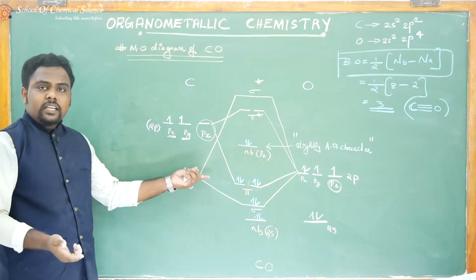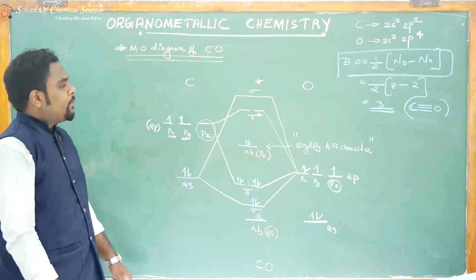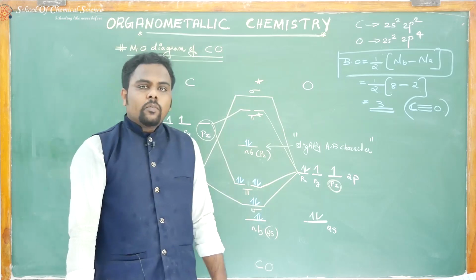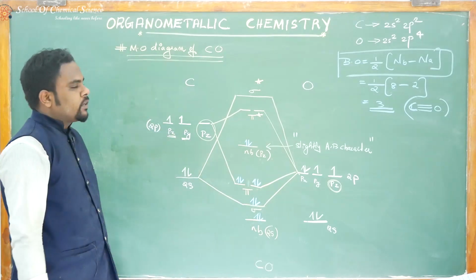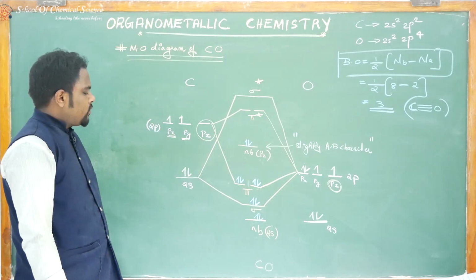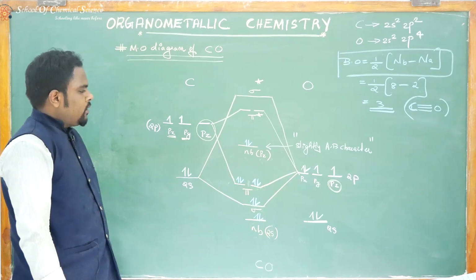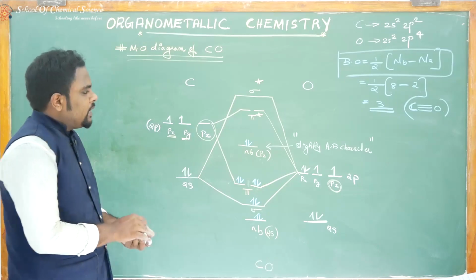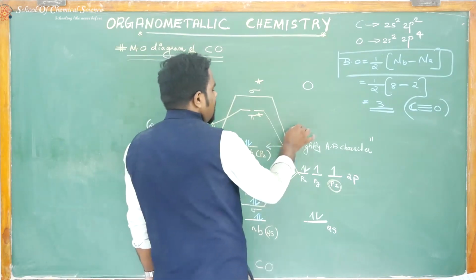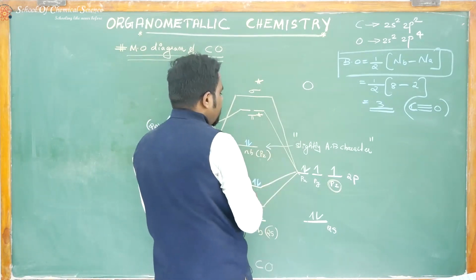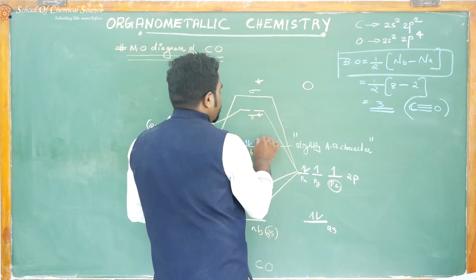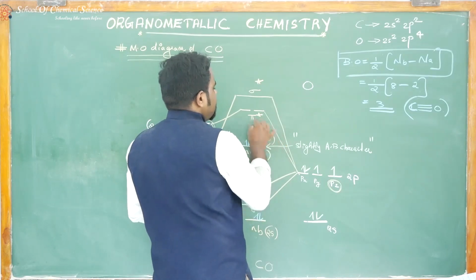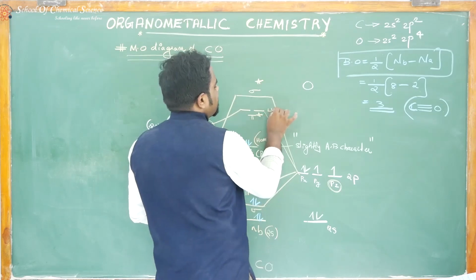So we already studied the MO diagram of carbon monoxide in the chemical bonding chapter. Please listen. This anti-bonding orbital is the HOMO, and this vacant pi star orbital is the LUMO.